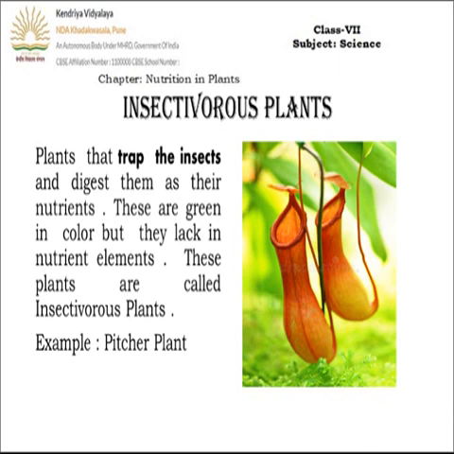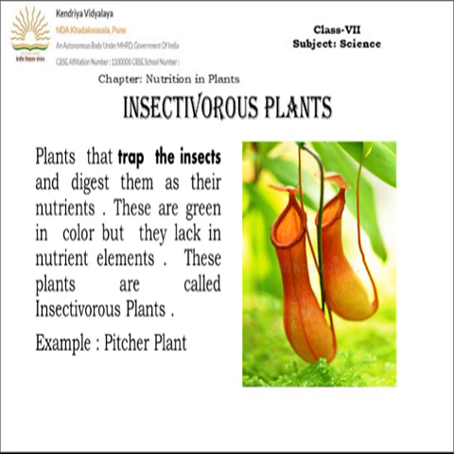Okay, then these plants are green in color, but they lack nutrient elements. These plants are green, which means they can prepare their food by photosynthesis also, but still they trap insects. The reason is that the soil in which they grow is not sufficient in the nutrients which the plant needs.